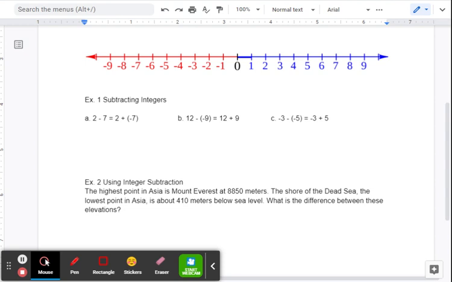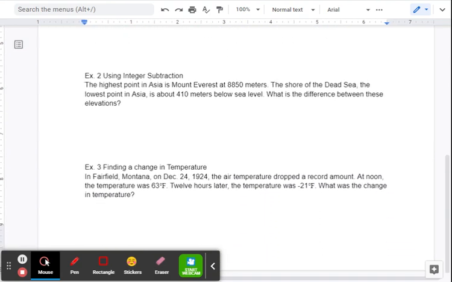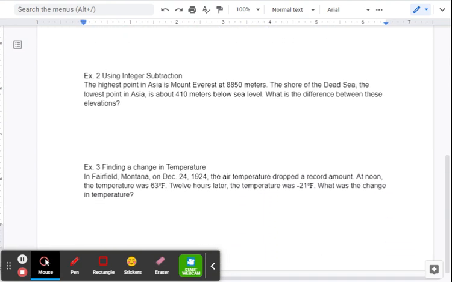Let's look at the bottom of this page. Using integer subtraction. The highest point in Asia is Mount Everest at 8,850 meters. The shore of the Dead Sea, the lowest point in Asia, is about 410 meters below sea level.